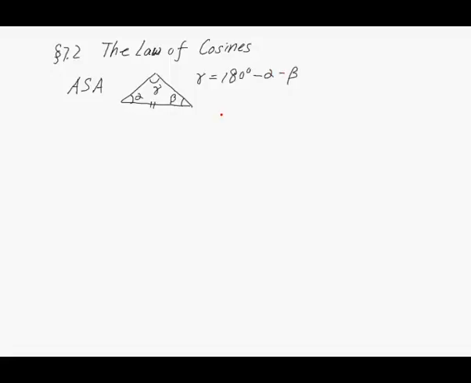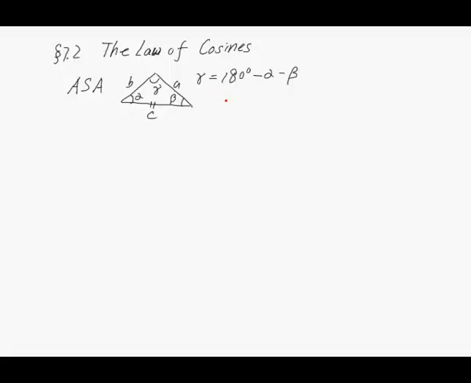And then you can use the law of sines to find the other two sides. So we know this side C, and then we can find side A and side B by using the law of sines.